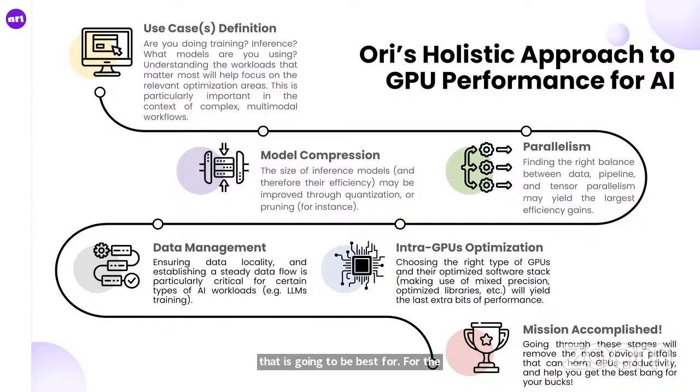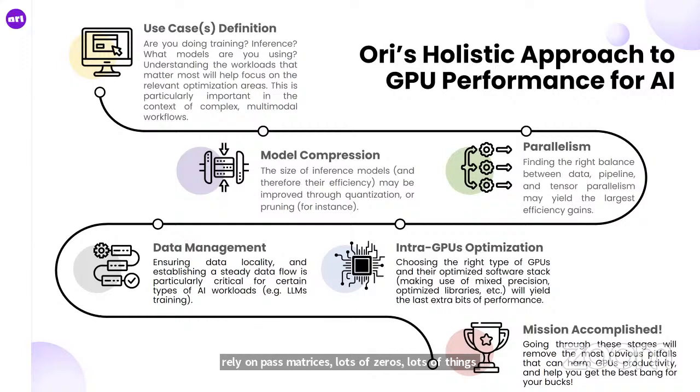Now, once we've gone through this initial exercise of understanding really quickly what it is that we're trying to achieve, there are more technical steps that we're not going to go into the details of today, but we're going to lay them out, and we can discuss them, and we'll arrange some follow-up sessions on them. But in the context of inference, one key element to look at is really model compression. Inference is often a type of workload that will rely on sparse matrices, lots of zeros, lots of things that are not really necessary.